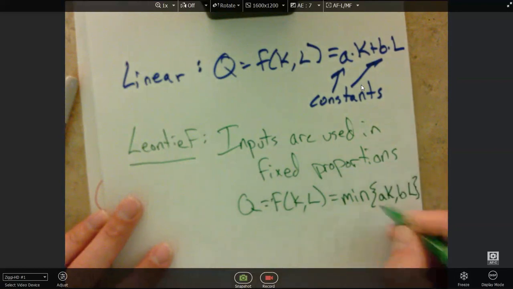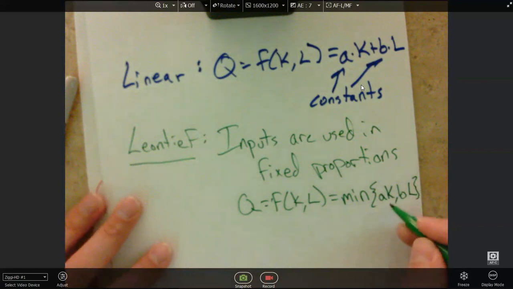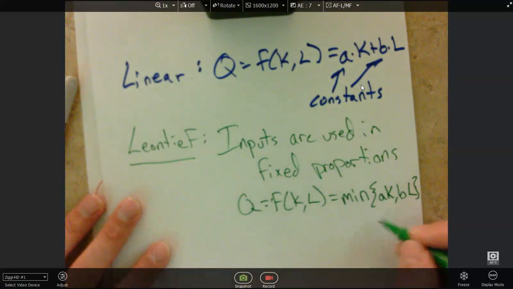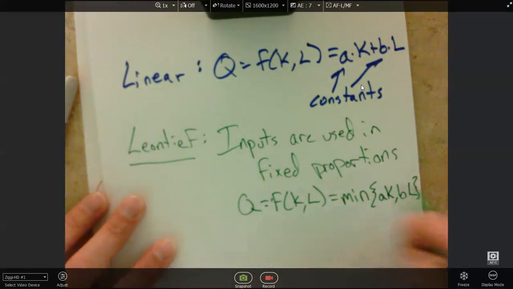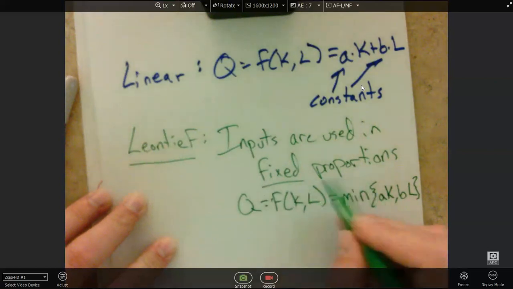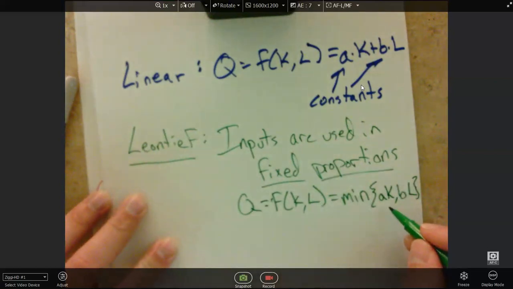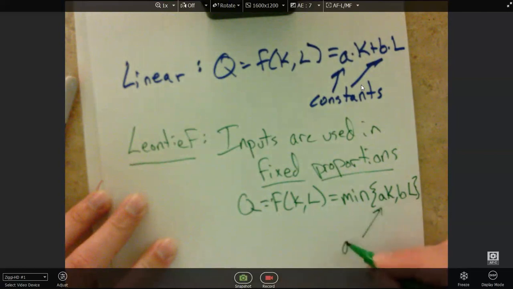So they have to use both in fixed proportions, where A and B are constants.